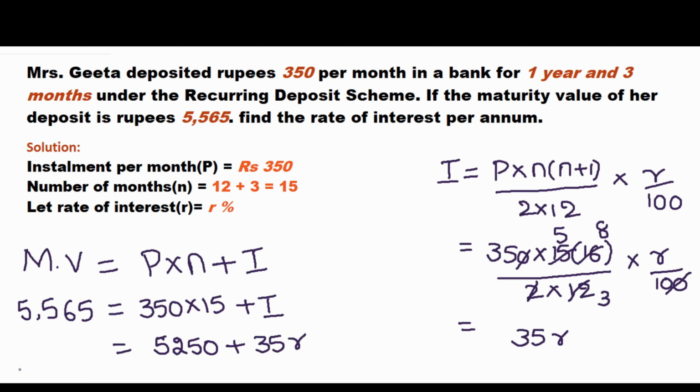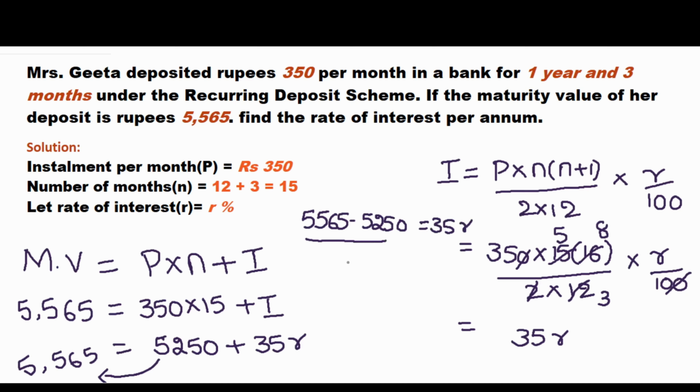So here I'm going to get 5,565. See, I'll bring this term towards this side. It becomes 5,565 minus 5,250 will be equal to 35R. So on subtracting these two terms, I'm going to get 315, which will be equal to 35R.